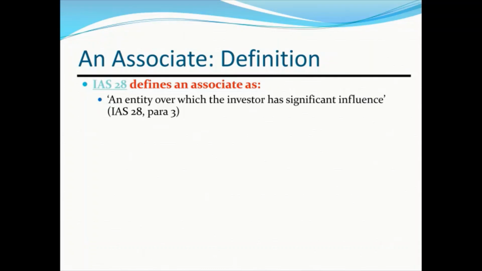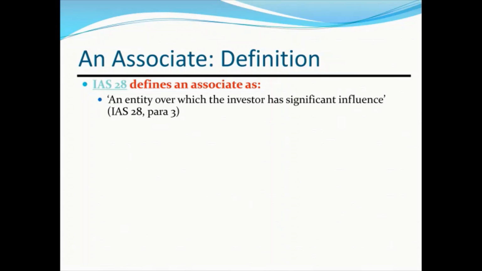An associate is defined in this standard as an entity over which the investor has significant influence. And this differs from the definition of the subsidiary. The subsidiary is about control, but an associate is about significant influence. The control concept gives the right and obligation to direct the policy of the subsidiary.